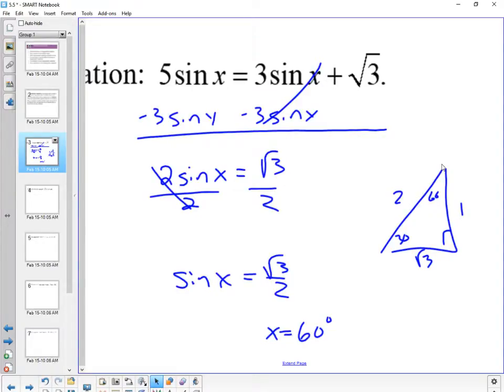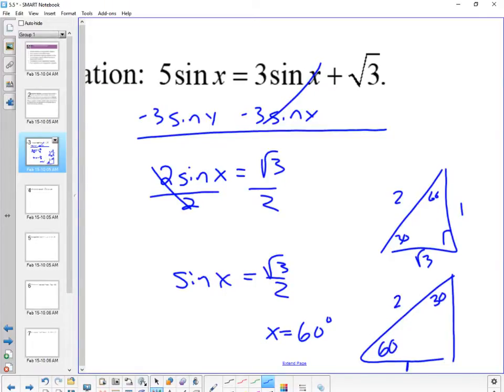Let's draw it like this. Let's do 60, 30 here. Here's 1, here's 2, here's square root of 3. So opposite to 60 is radical 3. Hypotenuse is 2. So we got 60 degrees. Everyone okay with that?